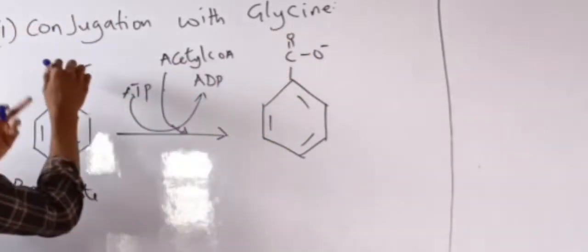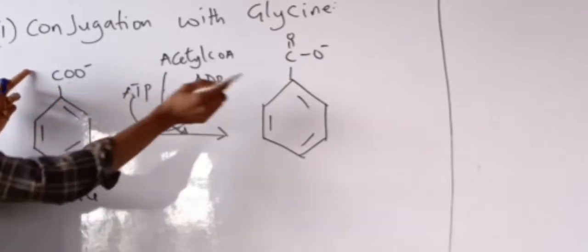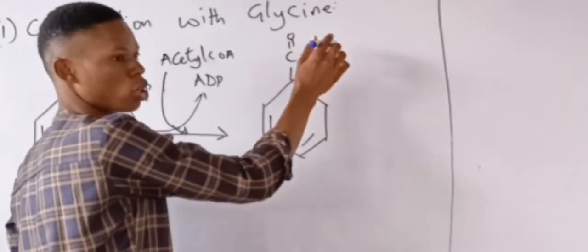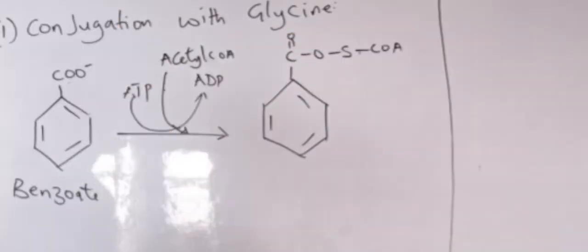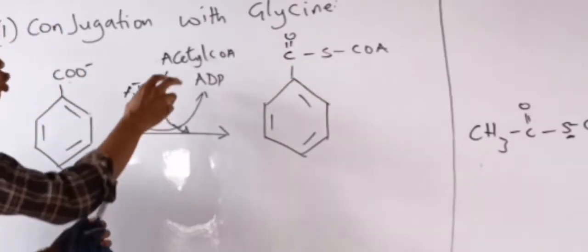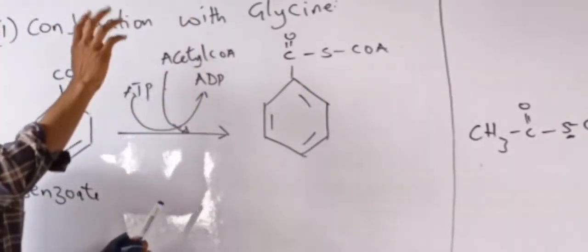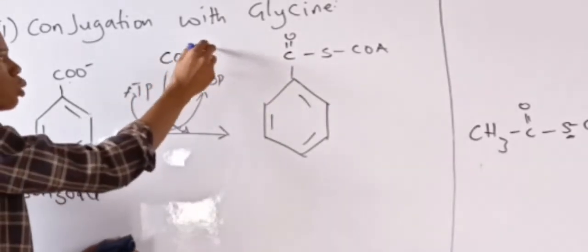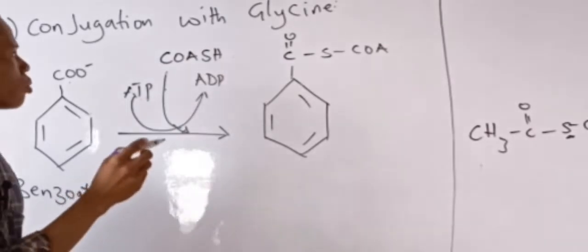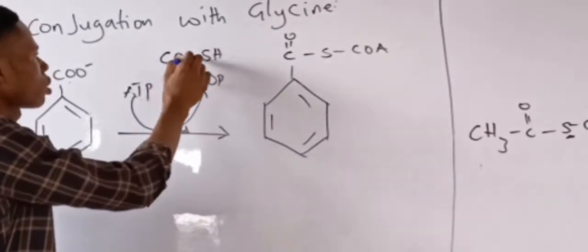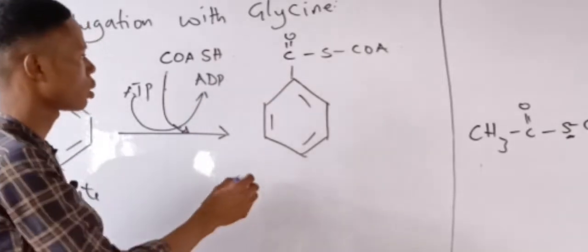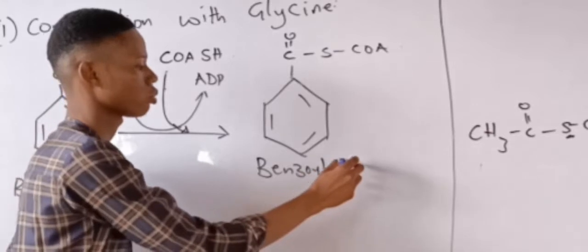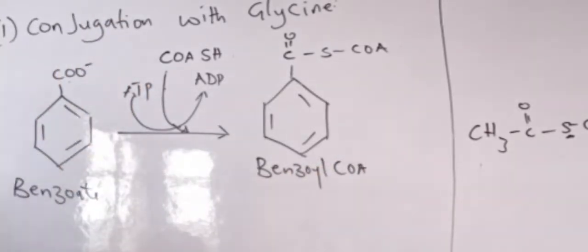You agree with me that this is the same thing as this, right? If I don't want to write COO, I can put it this way. Now, if CoA is coming in, what will happen? The acetyl group is leaving, or you simply use your CoA only. In this case, this is benzoyl CoA.